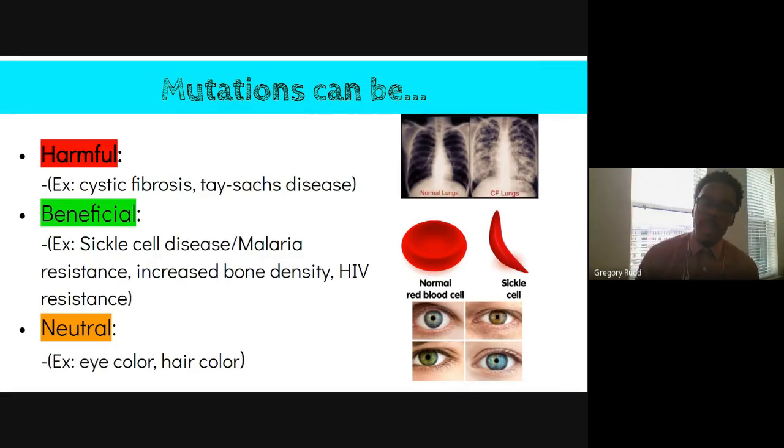In fact, most adaptations are a result of genetic mutations, and they make life a bit easier for some organisms. So people with sickle cell disease are resistant to malaria.